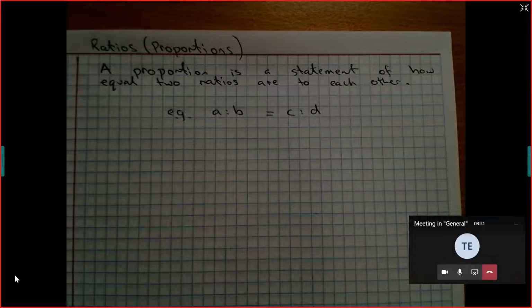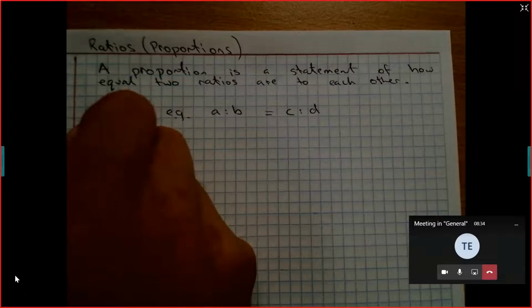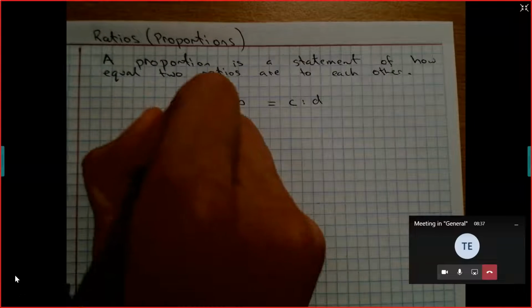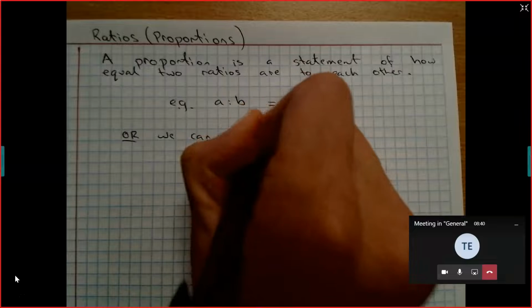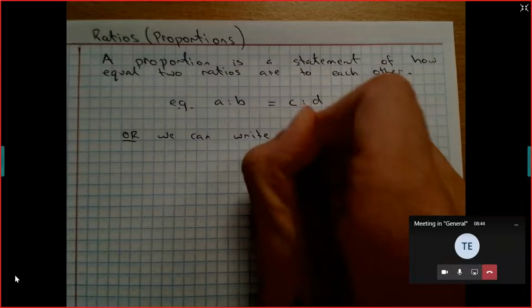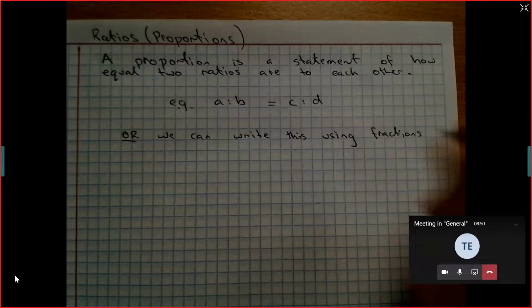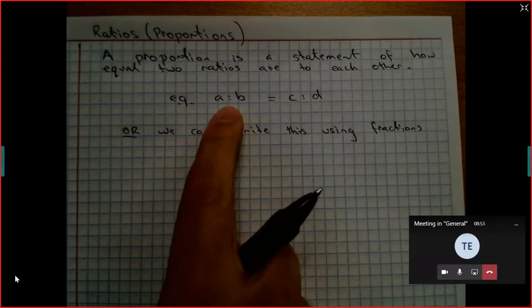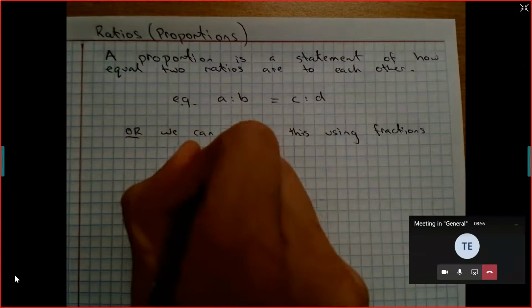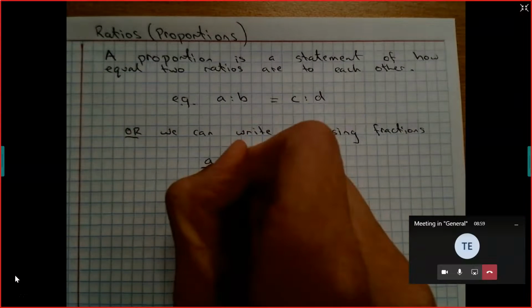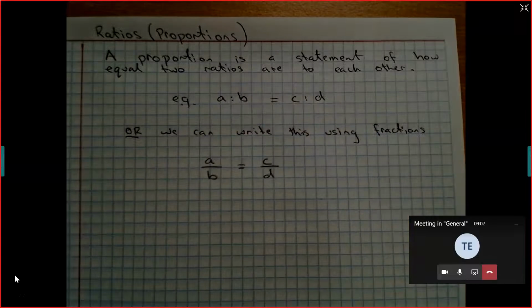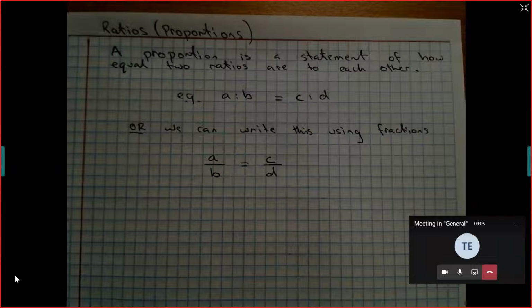So ratio A:B can be written as A over B, and we might say it is equal to C over D. At the moment it might not be 100% clear where I'm going with this, but we'll do a couple of examples and then you'll see why it's useful.